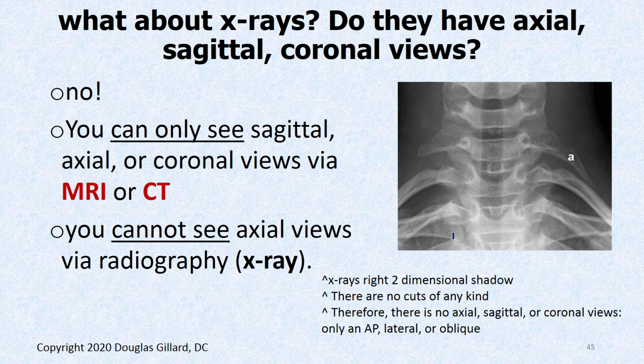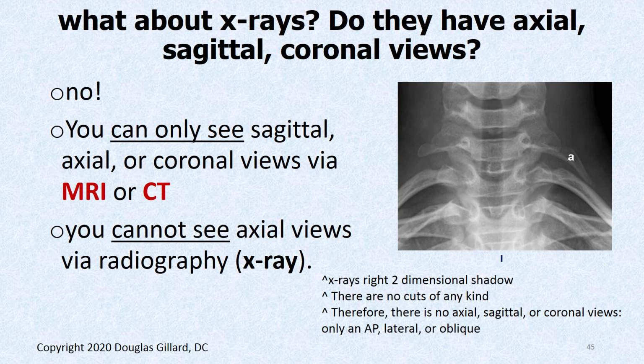All right, one word about X-rays. Do they have sagittal, axial, coronal views? No, they don't. You can only see sagittal, axial, coronal views via MRI or CT. You cannot see them via X-ray or radiography.